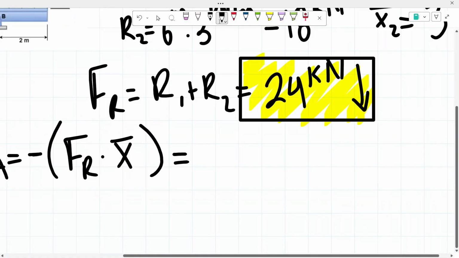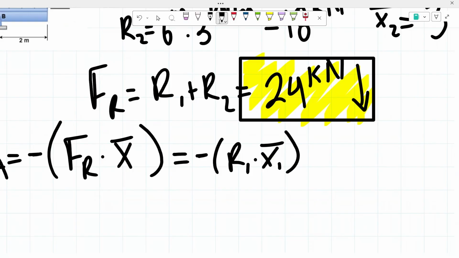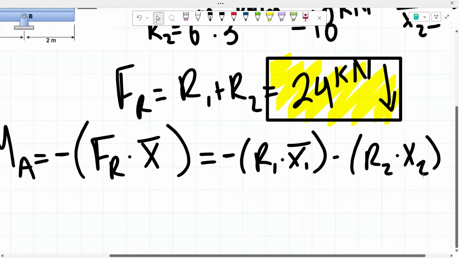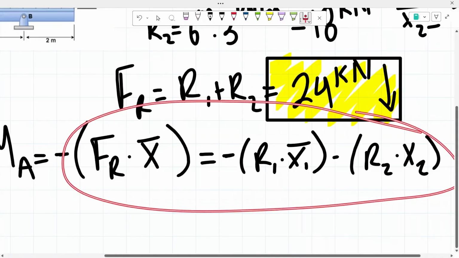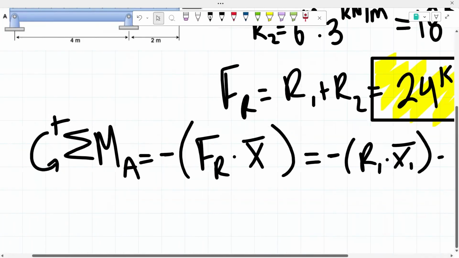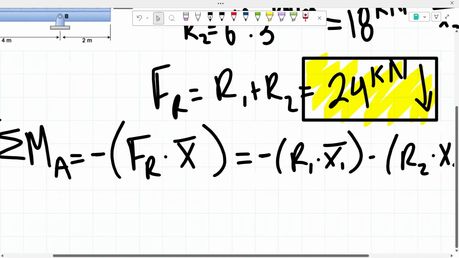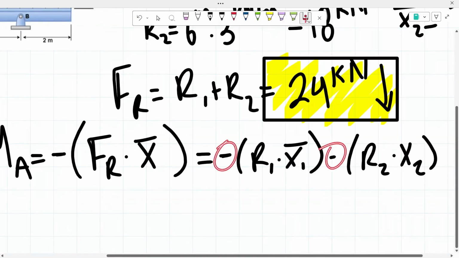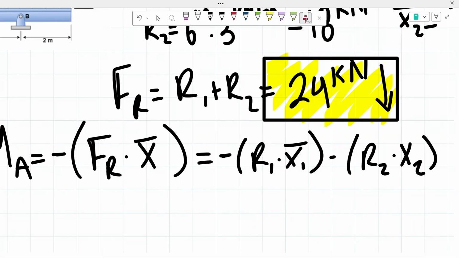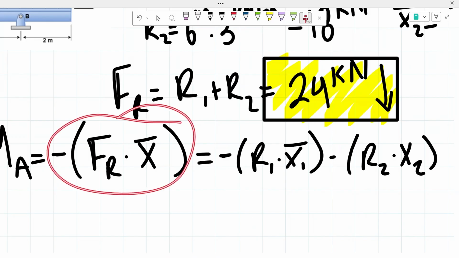It's also equal to negative R1 times X1 minus R2 times X2. That would give you the same exact answer for the summation of the moments about point A. Once again, these are negative moments because they are both on the right side of point A, and it's equal to our resultant force times the location of our resultant force.